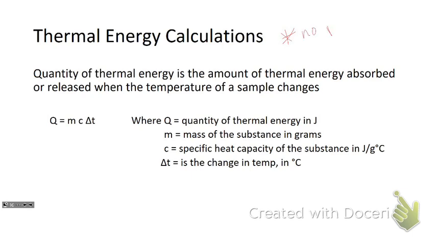There's no phase change, but we do have a change in temperature. Anytime you see this little triangle, this means the change in anything. A little triangle, we call that a delta. So this is read delta T, and this is just saying how is the temperature changing.